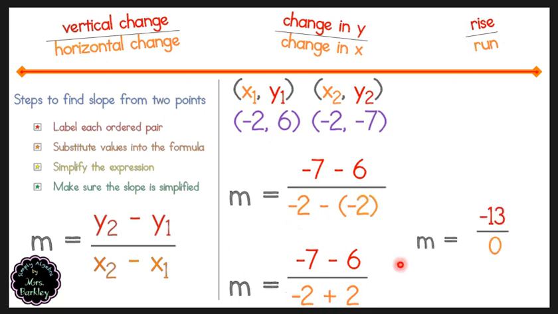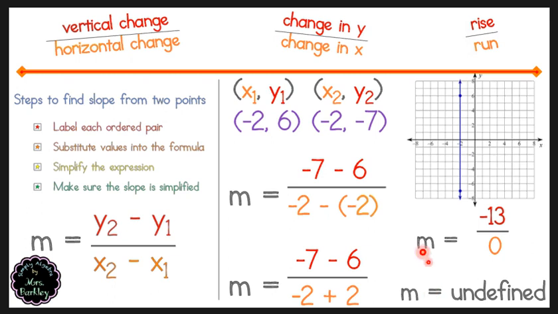So then we would have a slope of -13 divided by 0. We cannot divide by 0, so that means that our slope is undefined. We can see this when we plot these points on the coordinate plane. If we plot the point -2, 6 and the point -2, -7, we can see that we have a vertical line, which means that we have an undefined slope.